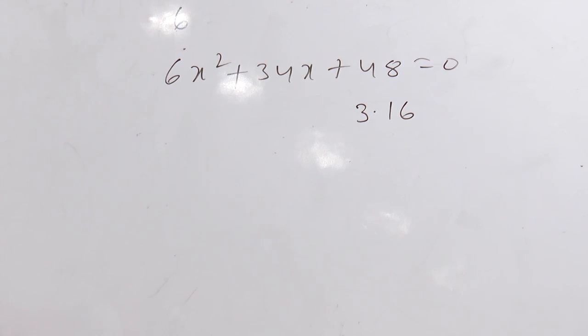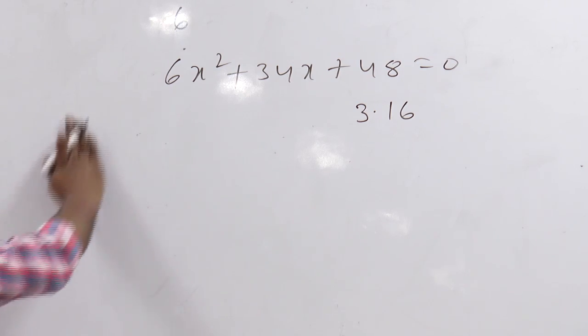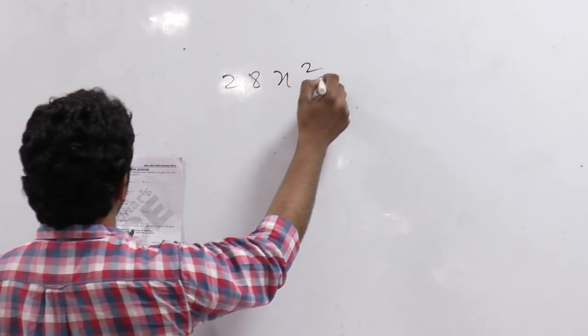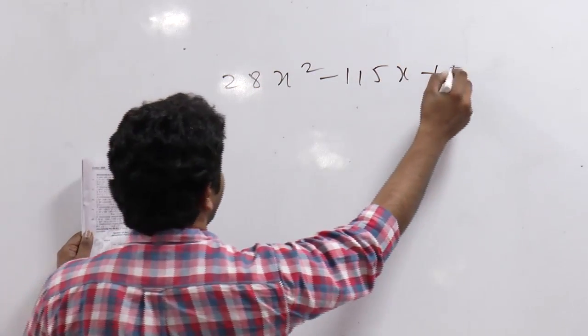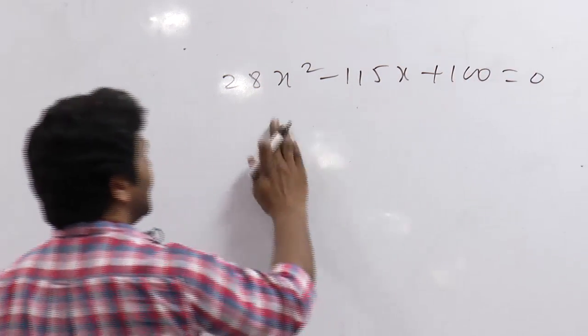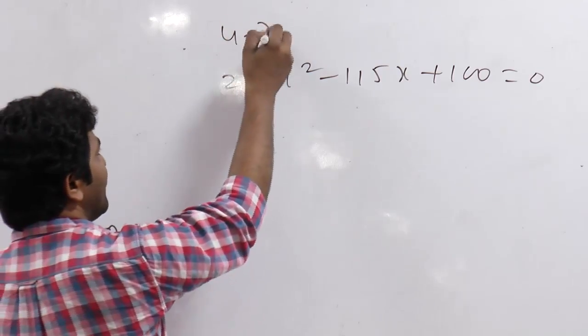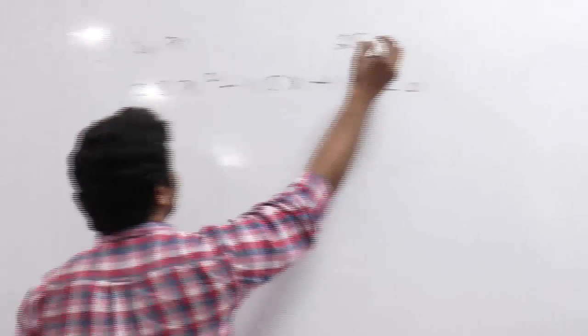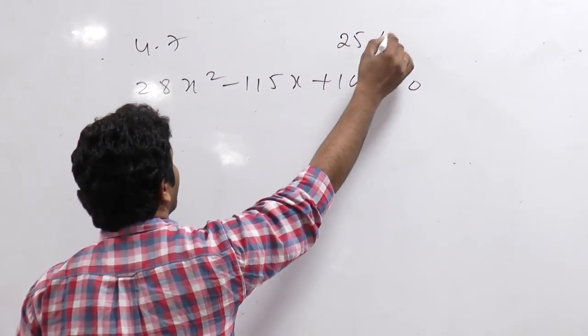30, 32, 28x square minus 115x plus 100 is equal to 0. You can write this number as 4 into 7, and this you can write as 25 times 4.